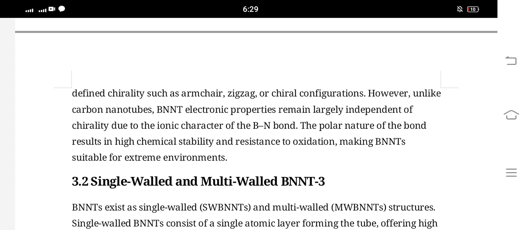This chirality-independent behavior is a key advantage of boron nitride nanotubes. The polar nature of the boron-nitrogen bond provides high chemical stability, resistance to oxidation, and excellent performance in harsh environments, including high temperature and corrosive conditions.